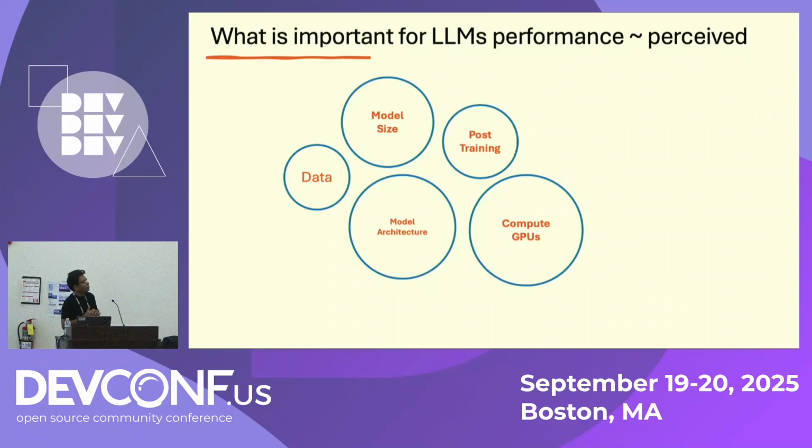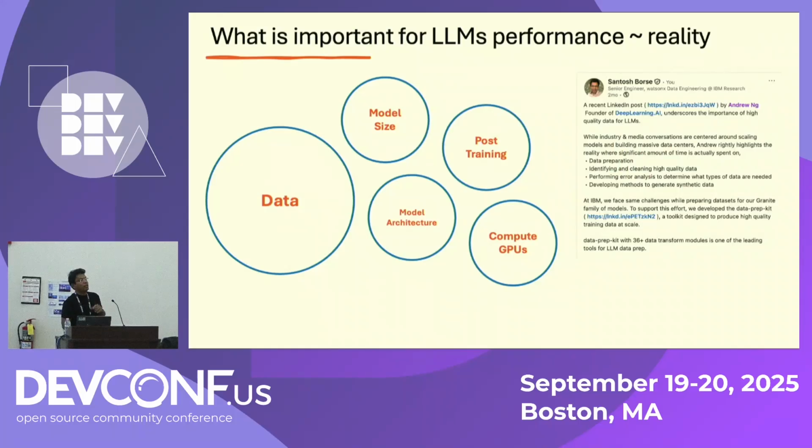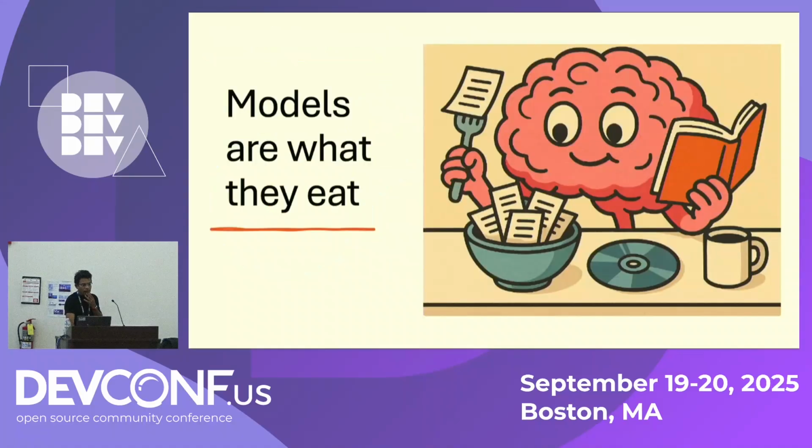What is the size of the GPUs, the large cluster, and the money it is required to train that model? However, in reality, data is one of the most significant and high impact factors for any LLM's quality, which is not being highlighted much, but it is an underlying fact. We will see what this data means in subsequent slides.